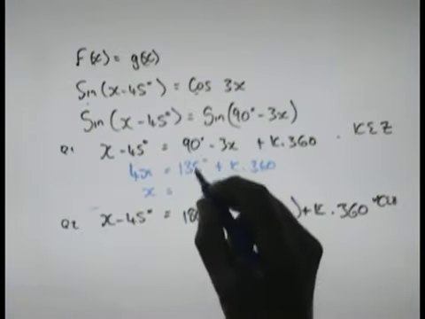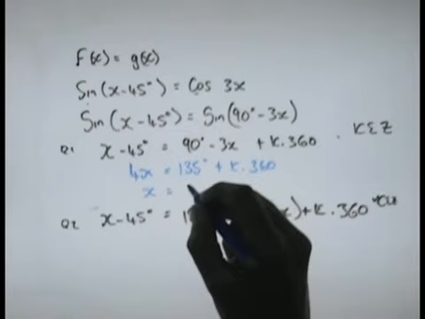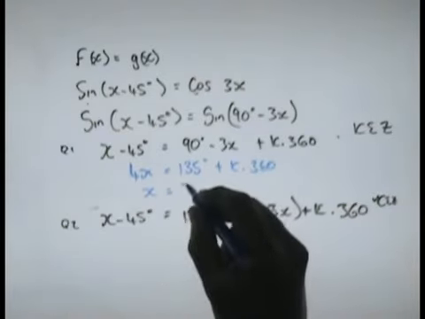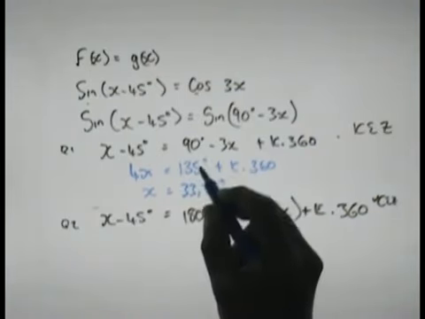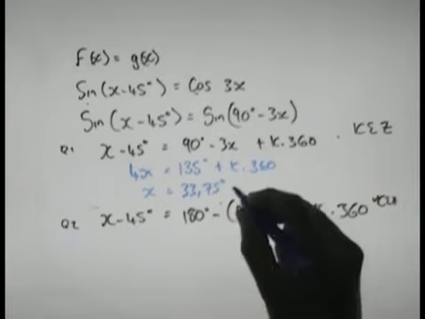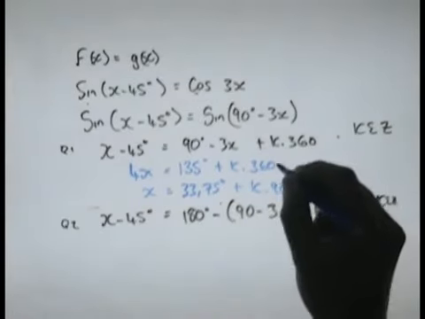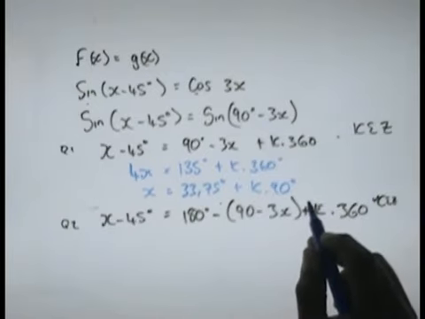That means that x is going to equal 33.75 degrees, which is 135 divided by 4, plus k times 90 degrees. That's our one possible solution.